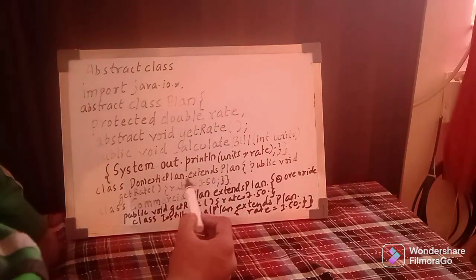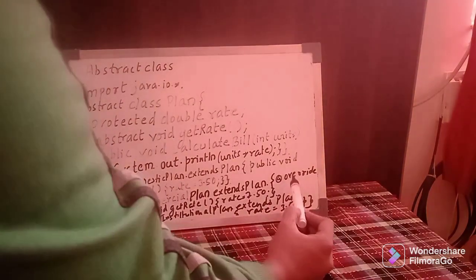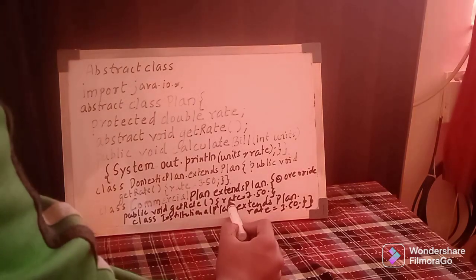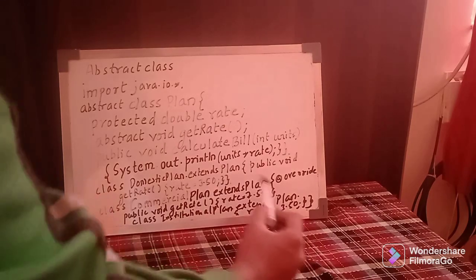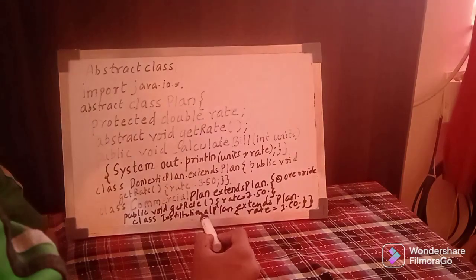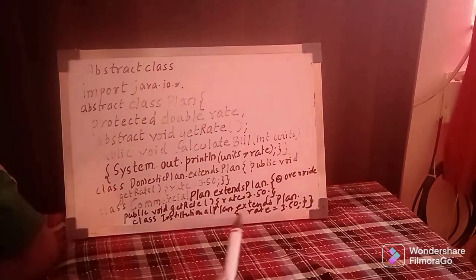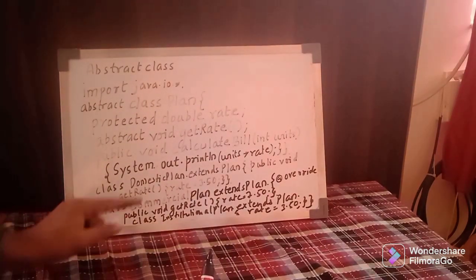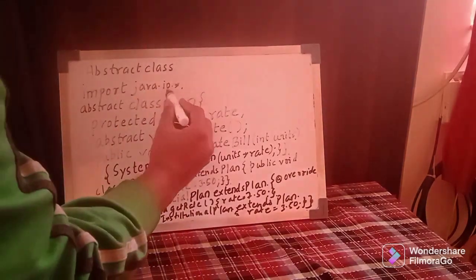Then class commercial plan extends plan, with @Override public void get rate, and rate is equal to 7.50. And class institutional plan extends plan, where rate is equal to 3.50. So these are the three definitions of the institutional plan, commercial plan, and domestic plan classes, which are extending the abstract class plan.